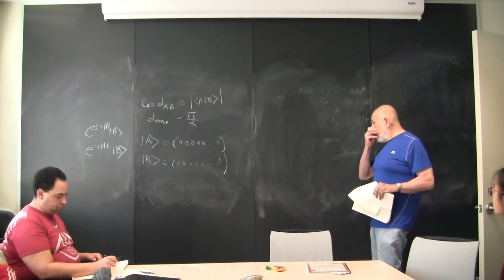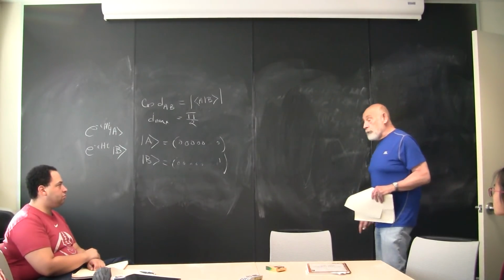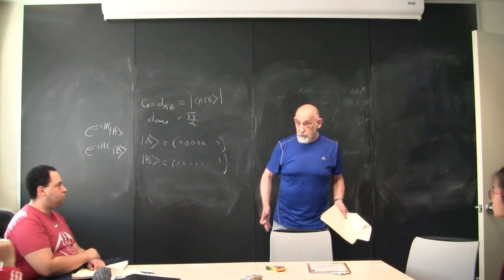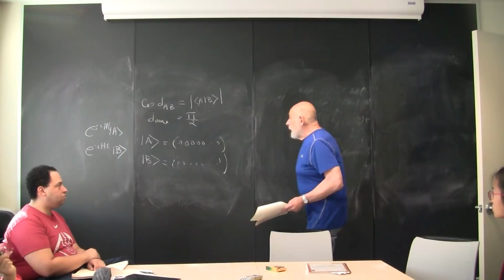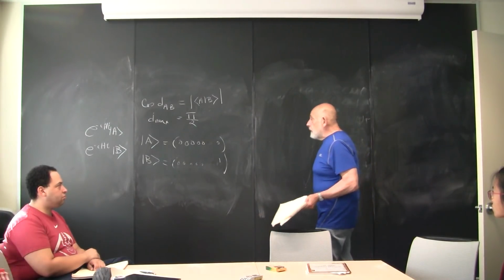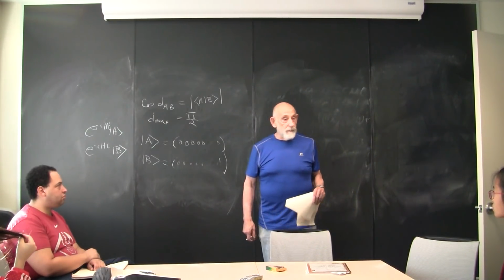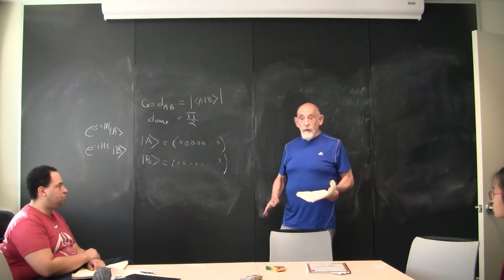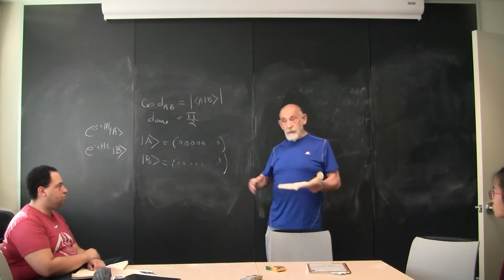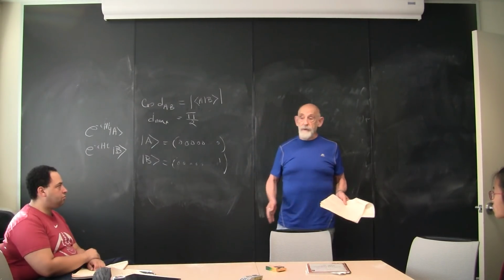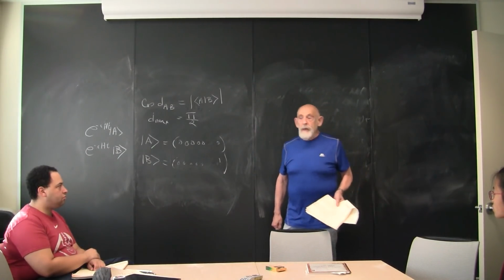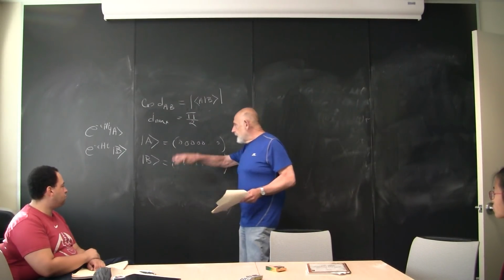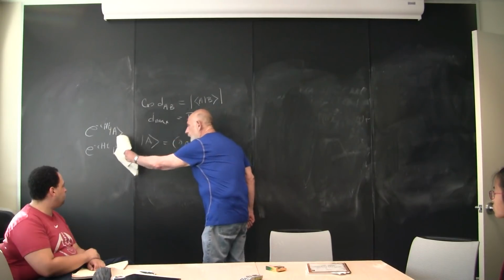So for example, let's start with 1 qubit operations. 1 qubit operations just means 1 qubit unitary operations on a qubit. Question, can you go from any state to any other state by 1 qubit operations? No, because you cannot go, for example, from an unentangled state to an entangled state. 1 qubit operations will not lead to entanglement. So 1 qubit operations would not be enough to take you from any state to any other state.